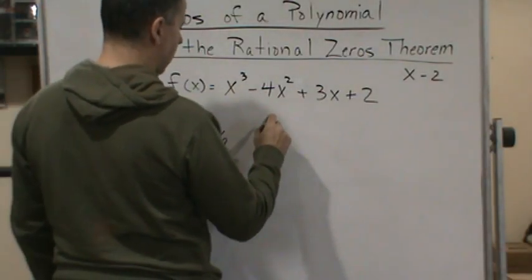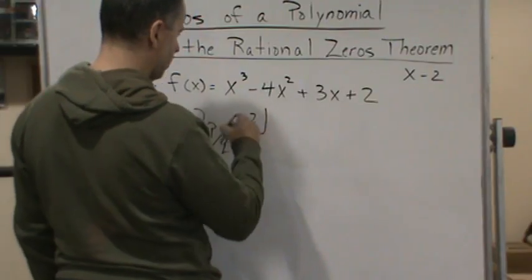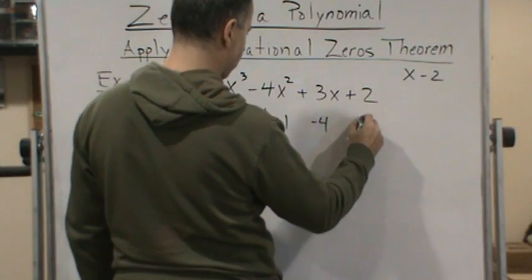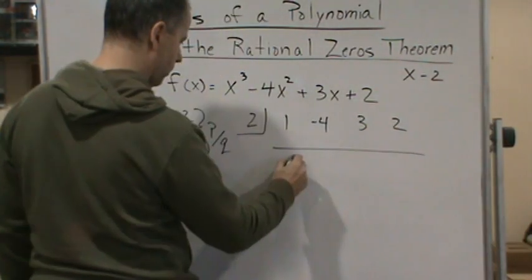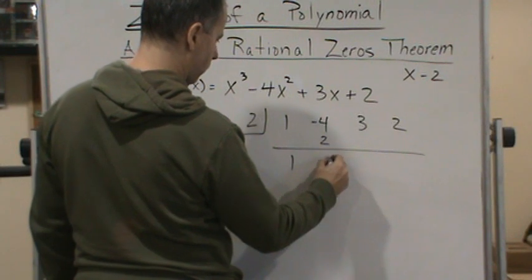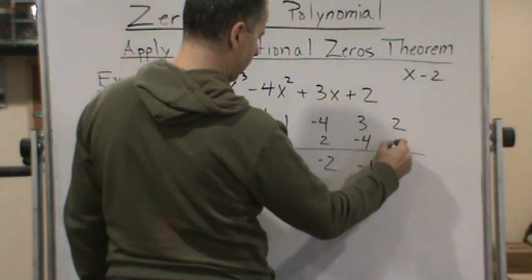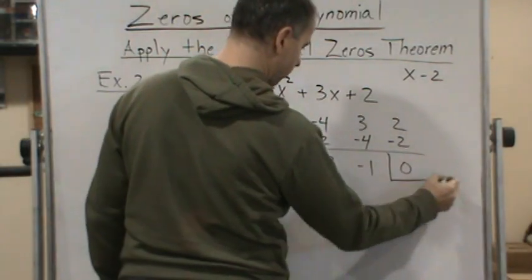Okay, so now I'm going to use synthetic division, so 2, and it's going to be 1, negative 4, 3, 2. So now what I'm going to do is 1, 2, negative 2, negative 4, negative 1, negative 2, 0, right? So that should happen.